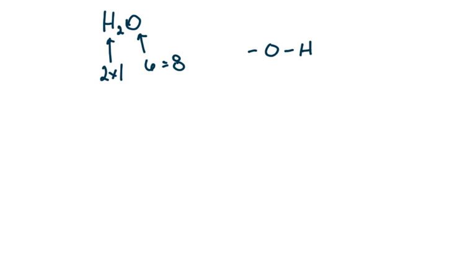So oxygen, hydrogen, hydrogen. Fill the octet on the oxygen. We count up the valence electrons. 2, 4, 6, 8. So we're good. We've got 4 electron groups, but now instead of 1 lone pair, we've got 2 lone pairs in that central atom.